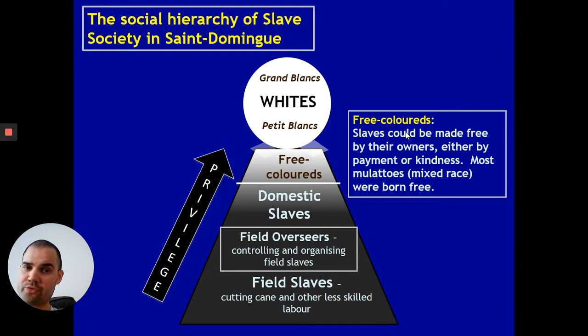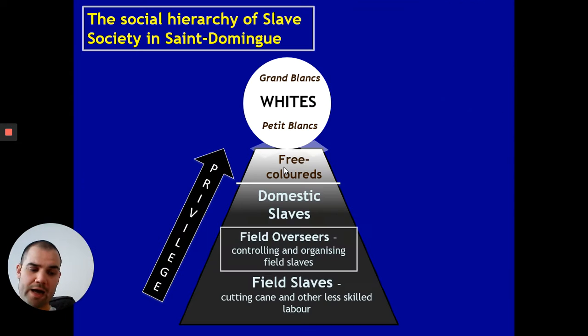Some of them were actually Africans who managed to somehow save up enough money to pay for their freedom, or, like in the case of Toussaint, were released by their owner because of their good service. But most of the free coloreds were mulattoes, okay, mixed race people who were born free. So these people are called the free coloreds, okay, so they are above the slaves and they are not slaves themselves.